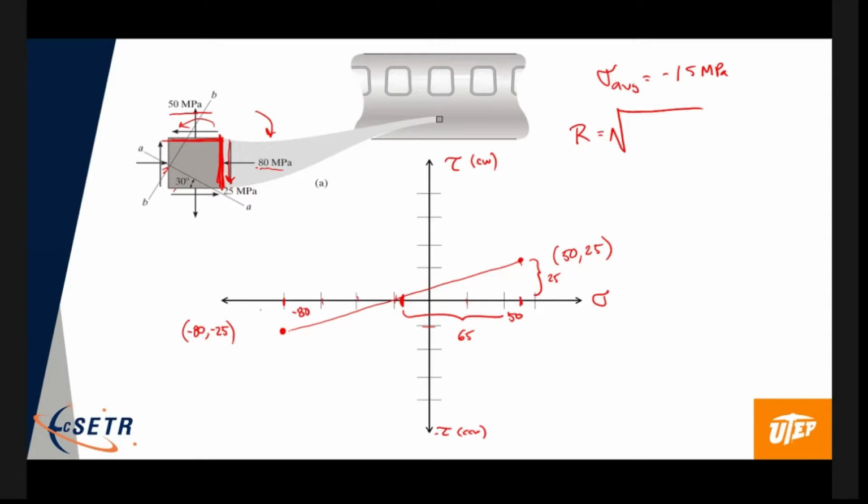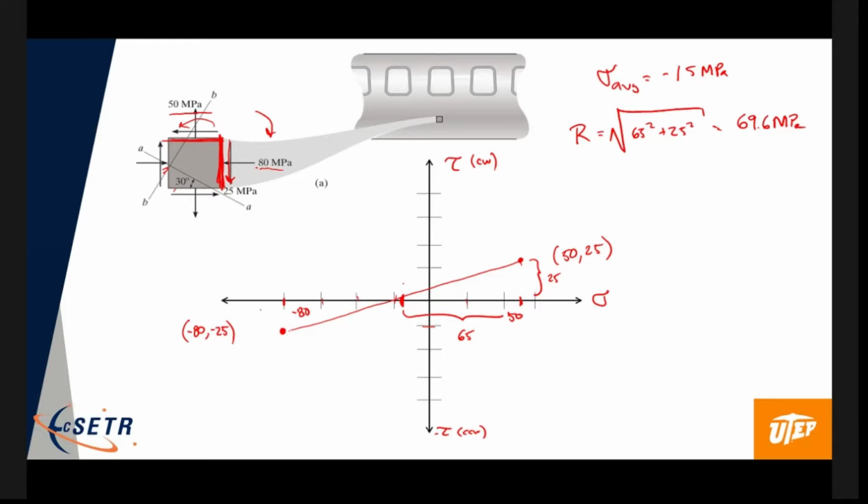So the radius is the square root of 65 squared plus 25 squared. I don't really need to use those equations before; I just compute it geometrically, but you can use equations and you get the same value. I get a radius of 69.6.